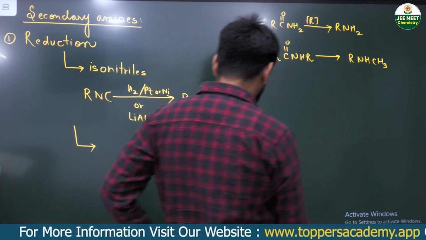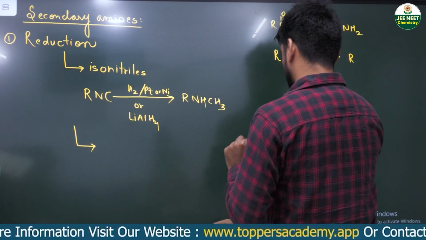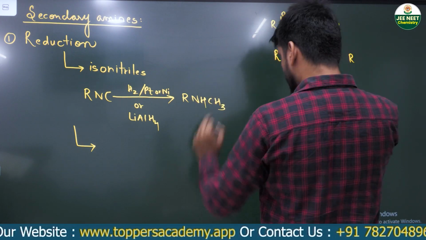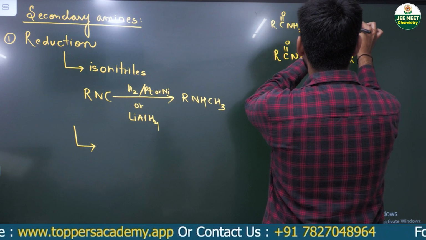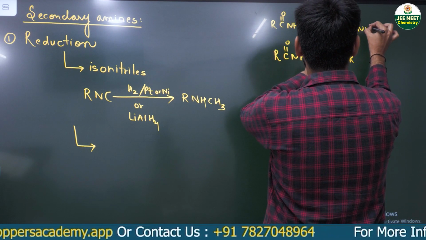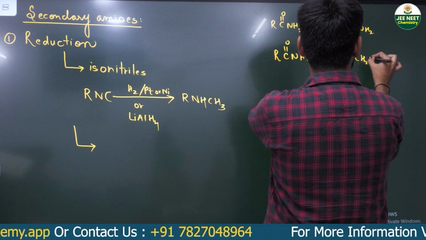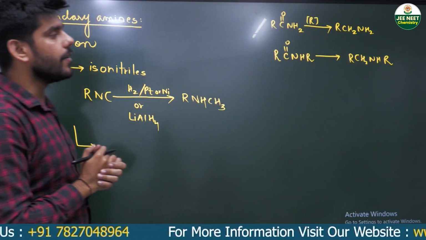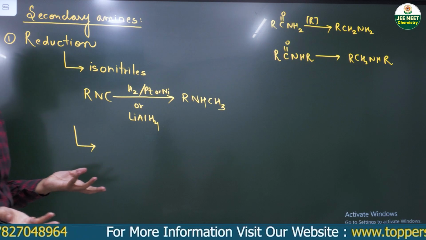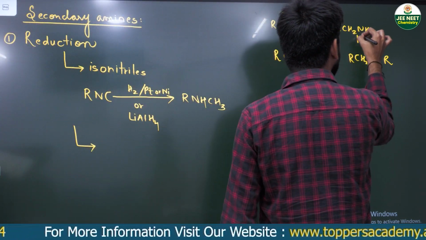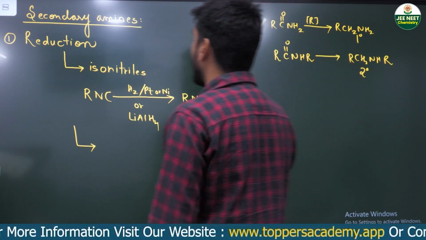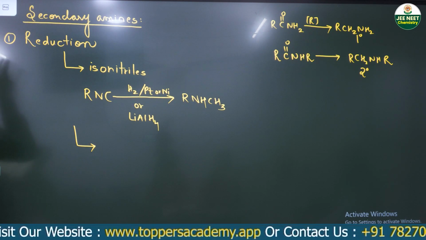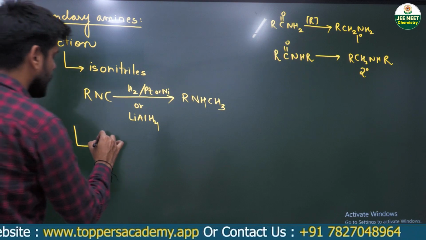Here we are getting RCH2NH2, so here we will get RCH2NH, this kind of 2 degree amine. So here we were getting 1 degree amine, here we are getting 2 degree amine. So can I say by reduction of substituted amides we get substituted amines?